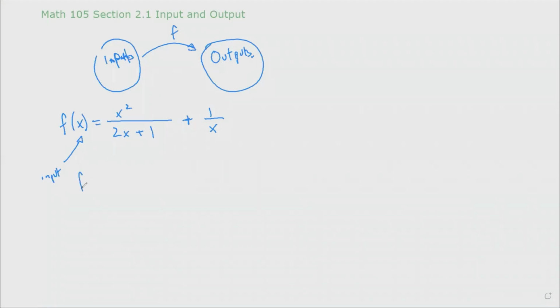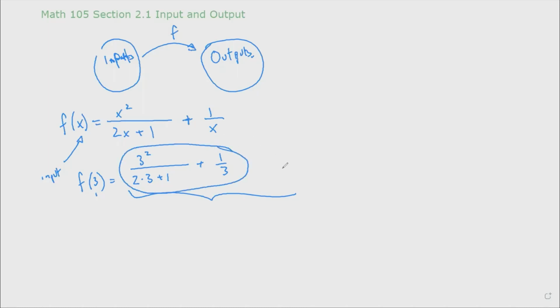If I was to say f of 3, the input would be 3, and the output would be all of this over here: 3 squared over 2 times 3 plus 1, plus 1/3. I don't really care about simplifying it. I'm just saying the input is 3 and the output is this piece right here.